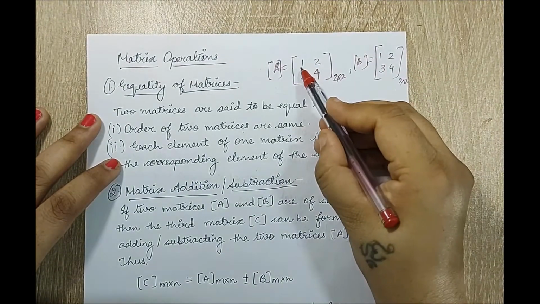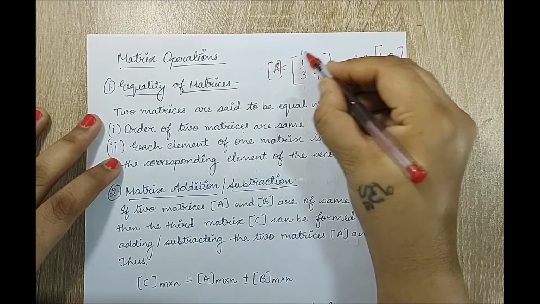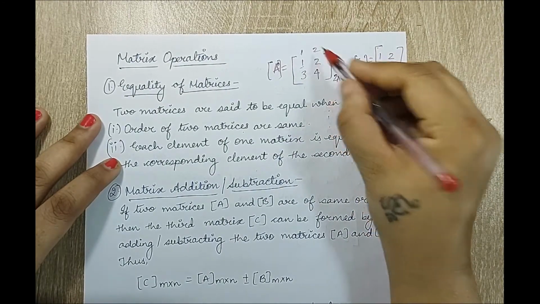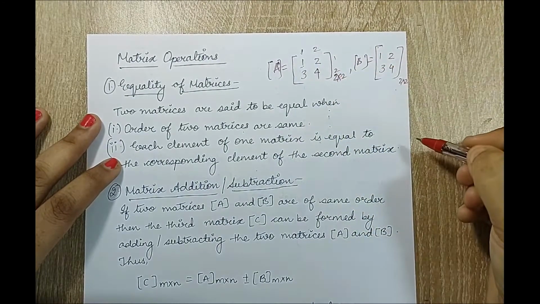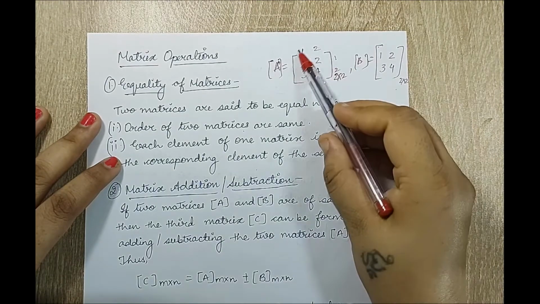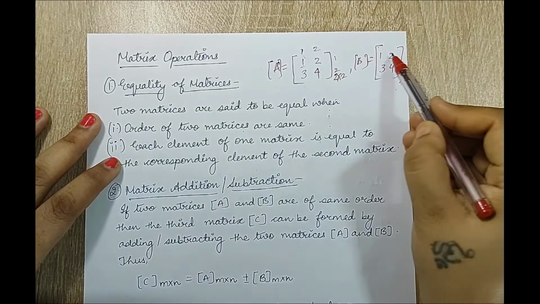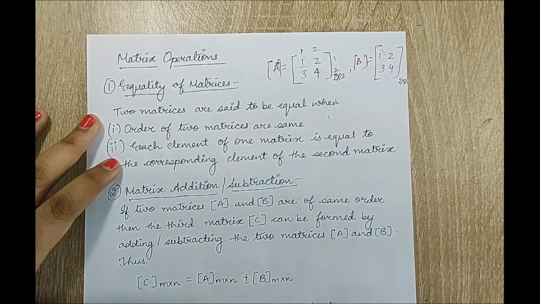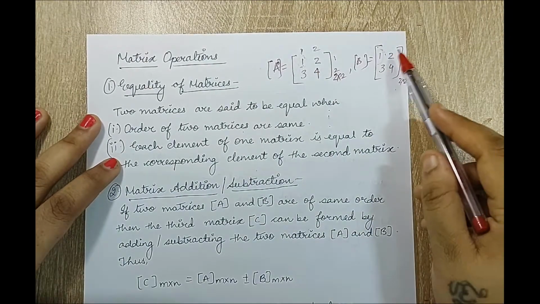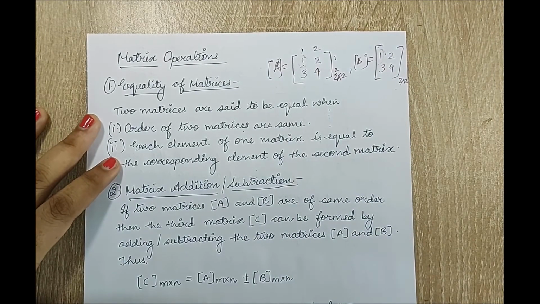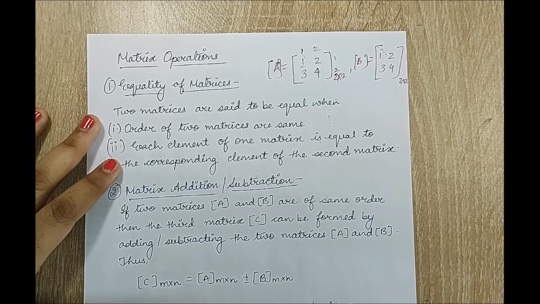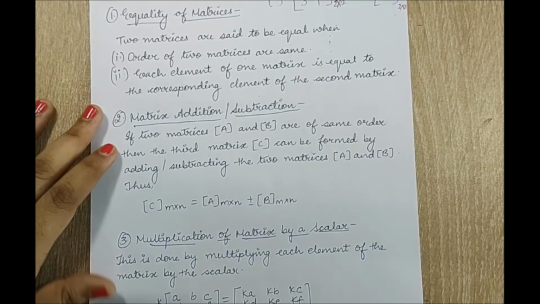Now I should have the corresponding position. First column, second column, first row, second row. You can observe first row, first column, the element is 1. Again first row, first column, the element is 1. Which means they all should be equal in both the matrices. So this is just a basic rule of equality of matrices.